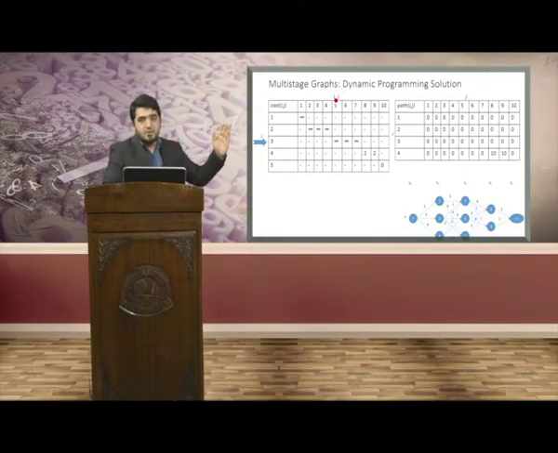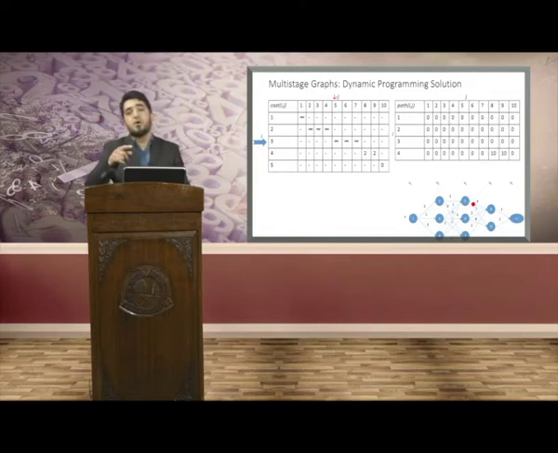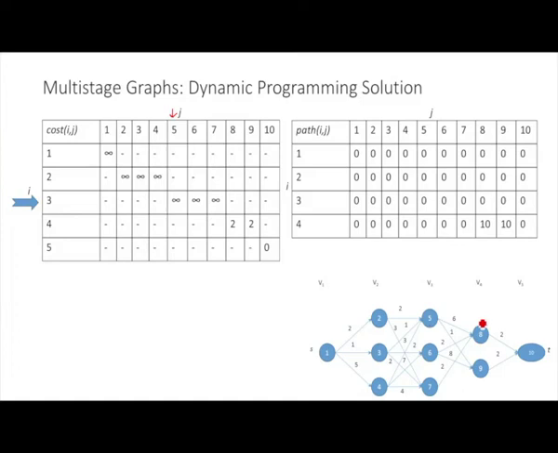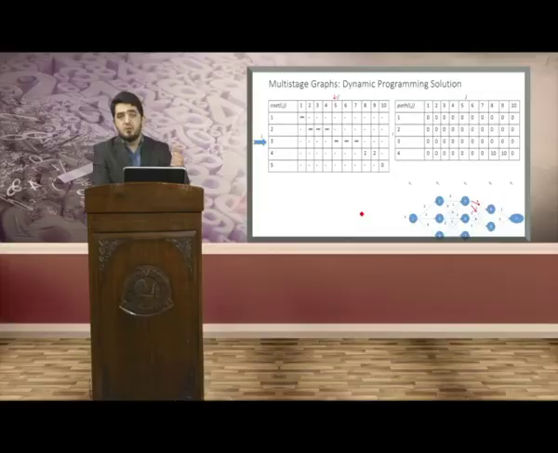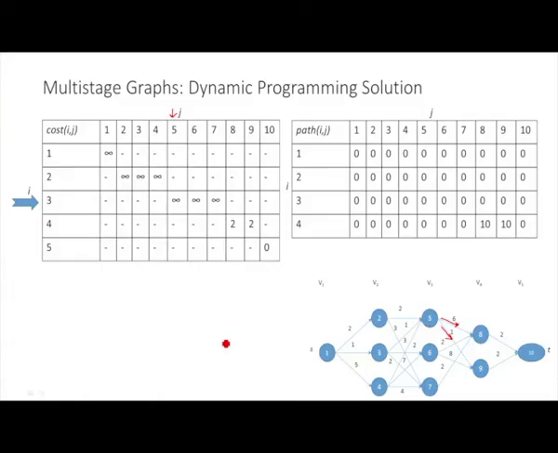The cost of selecting node number 5 in stage number 3 is simply equal to the minimum of 6 plus cost of selecting node number 8 in stage number 4, and 1 plus cost of selecting node number 9 in stage number 4. Now this 6 and 1 are the costs of the edges from 5 to 8 and 5 to 9, respectively. So when we find the minimum, we get 3, by selecting node number 9.